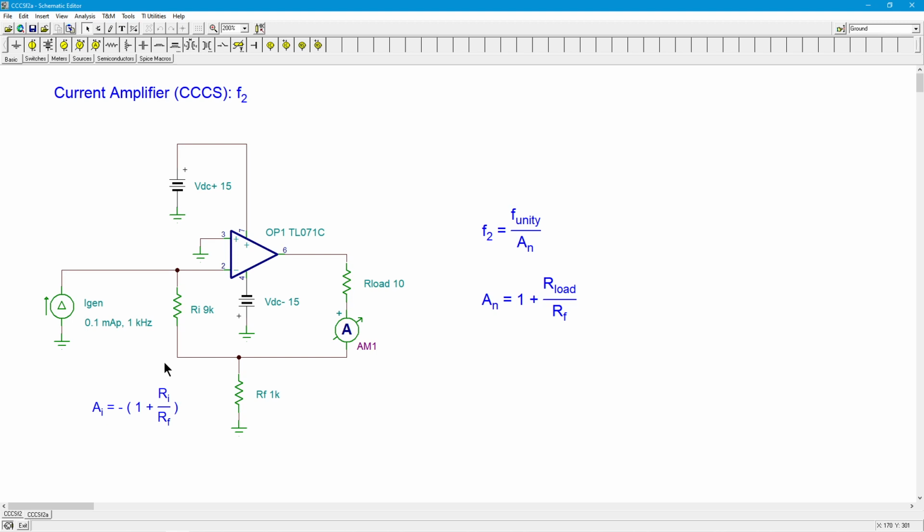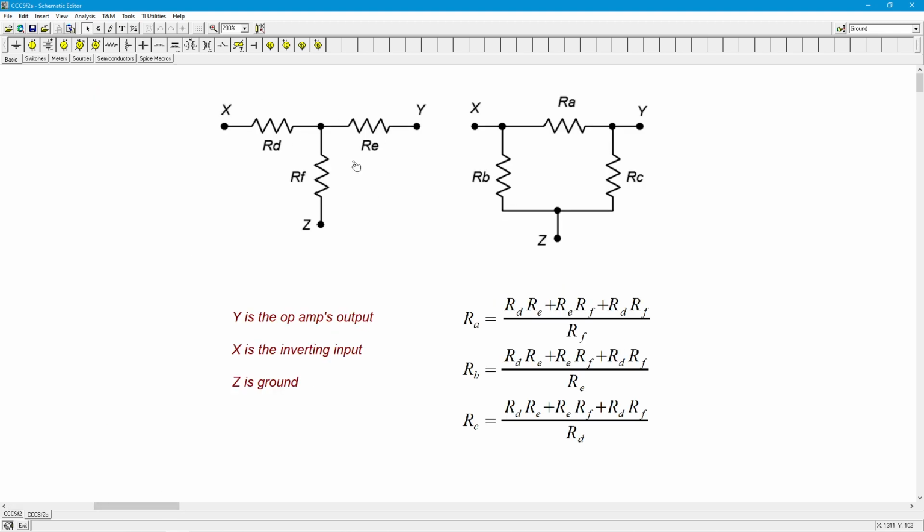So guess what? If you were to do the conversion of these resistors, you take the 3 resistors that we have currently. This is your Ri, this is the RF, and this is the R load. You convert them into this, using these equations, which are in the DC circuits book, to find the RA, the RB, and the RC.